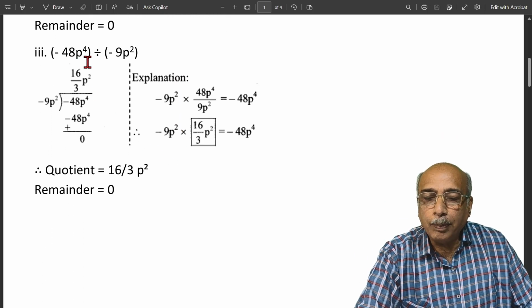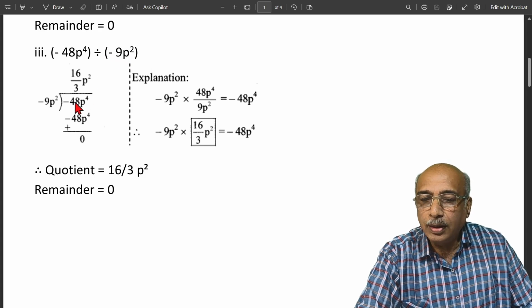Minus 48p raised to power 4 divided by minus 9p square. Here, both the terms are negative. So, if I multiply by the positive term, I will get negative here. But here one more thing is there.